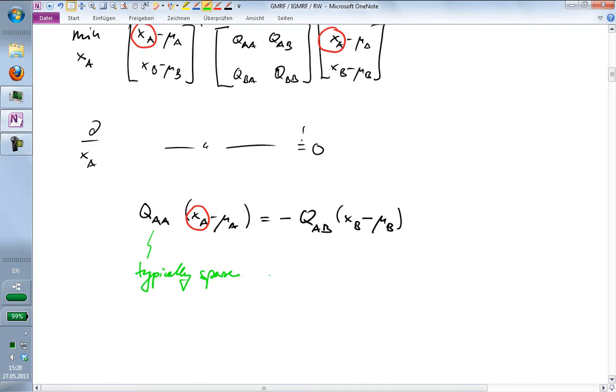So if we solve this expression here, solving for XA gives us the conditional mean, which for Gaussian is also the mode, so the peak of the distribution.